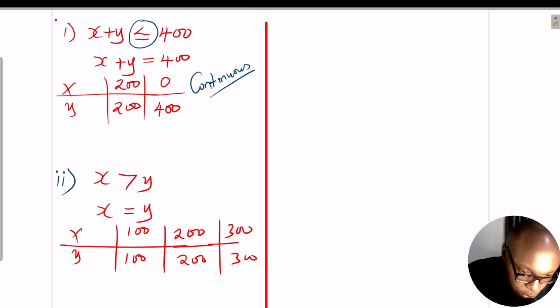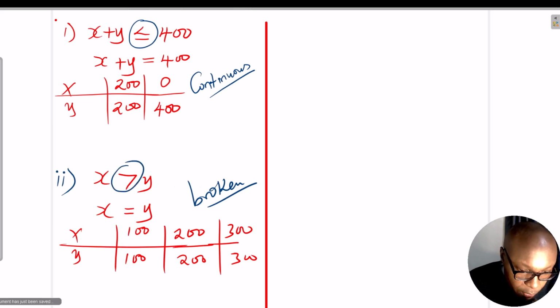This will be a broken line, because it is just greater than, meaning points lying on that line would not satisfy the inequality.